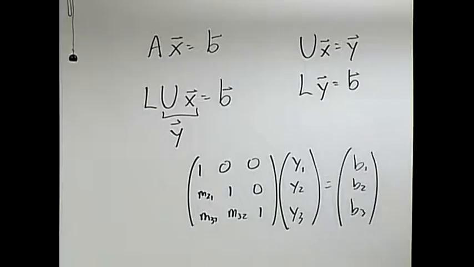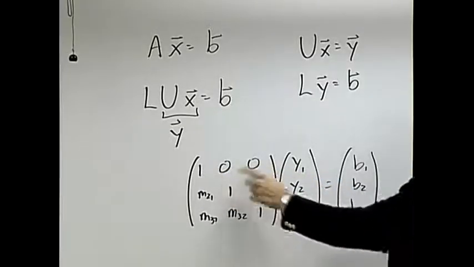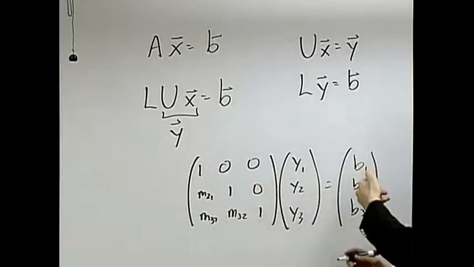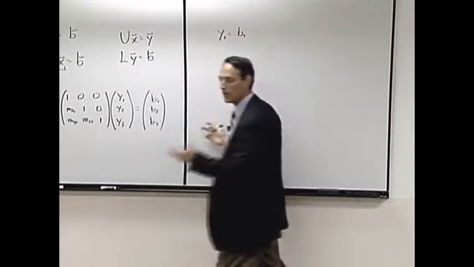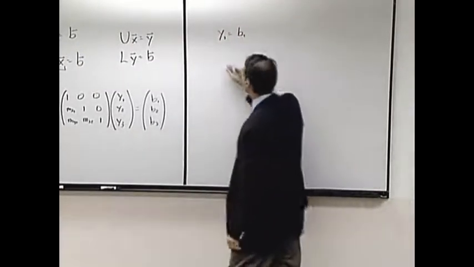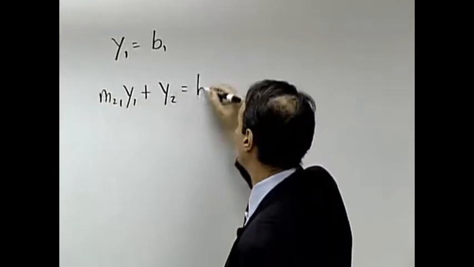Let's do a 3 by 3 example. Here would be my system. But notice, I already have this in lower triangular form, so I can just do what's called forward substitution. The first equation says y1 plus 0y2 plus 0y3 is equal to b1, so y1 is equal to b1. Great. The second equation says m21 y1 plus y2 is equal to b2.